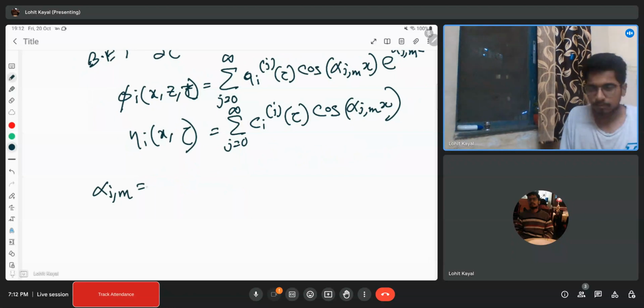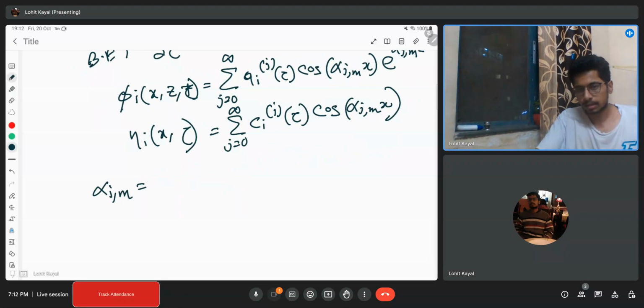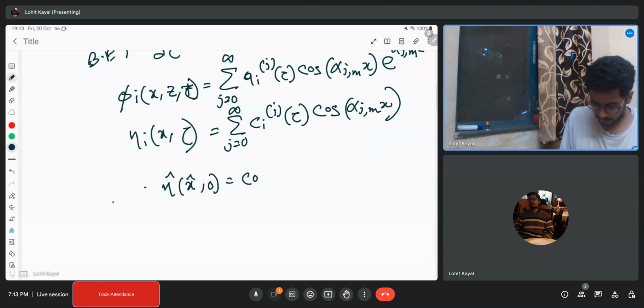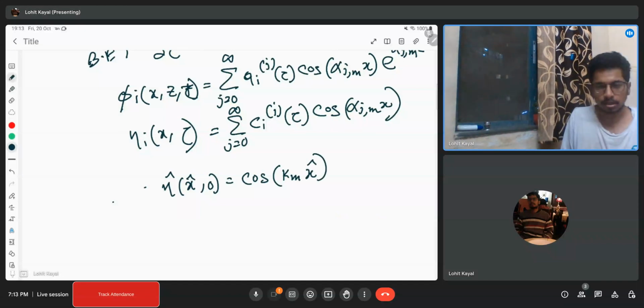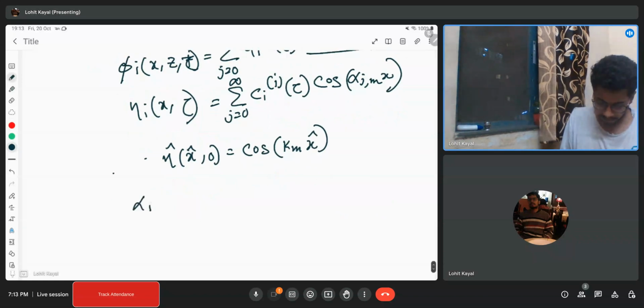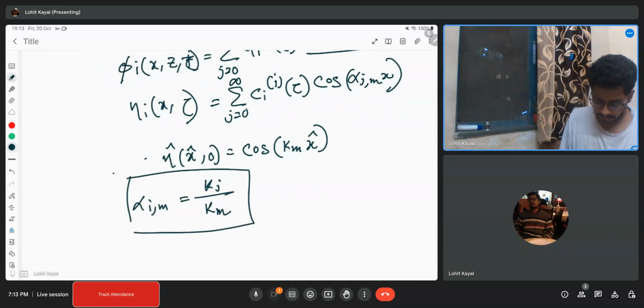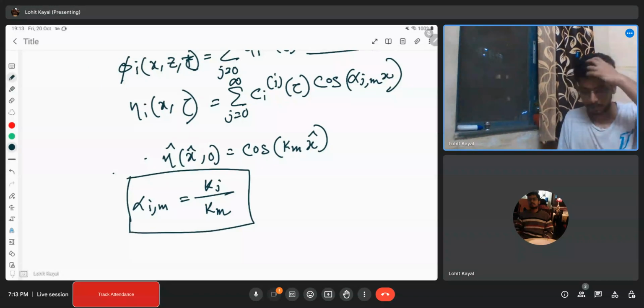It is coming from the initial condition. I will tell you what the initial condition is. The dimensional initial condition is η hat(x hat, 0) is equal to cos(k_m x hat). This is a dimensional initial condition, and this form is related to that fact. Here α_jm is equal to k_j by k_m, where k is a dimensional quantity. This is your α_jm, right?